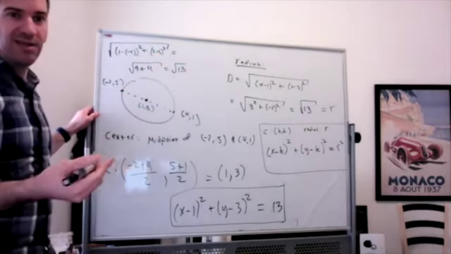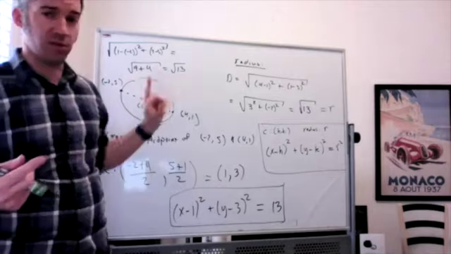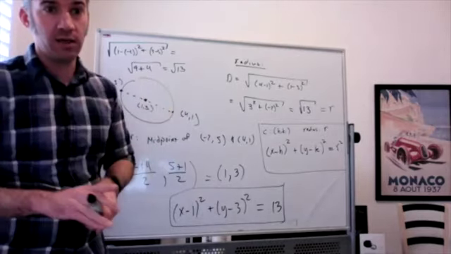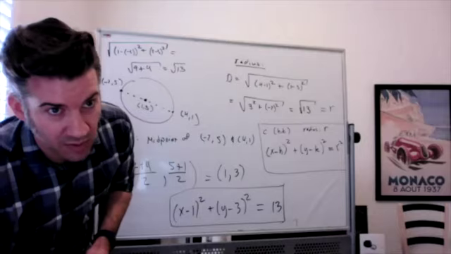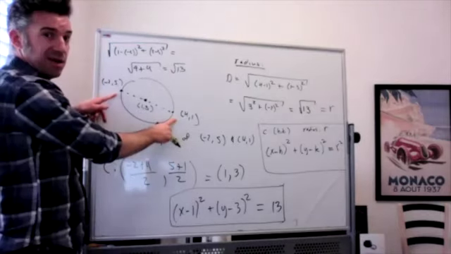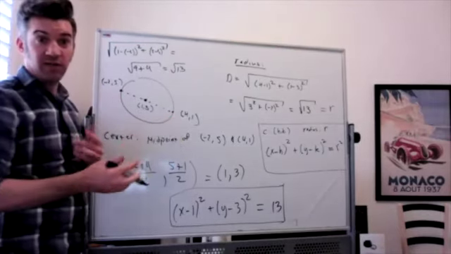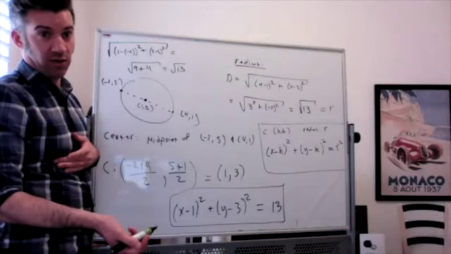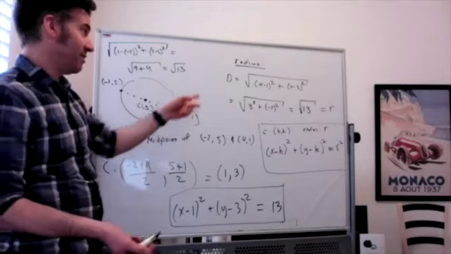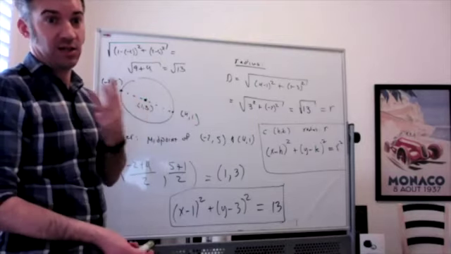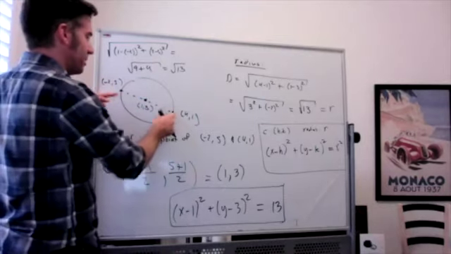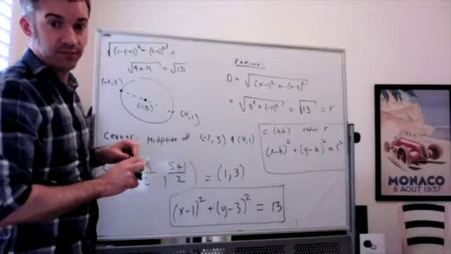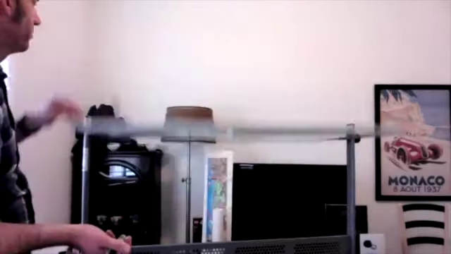So I recommend doing it one of these two ways, but a third option would be to find the distance between the two endpoints of the diameter, which would end up being the square root of 52, and then dividing that in half, which would give you the square root of 52 over 2, which is the same as the square root of 13. So that's a third option, is finding the distance between the endpoints and then cutting it in half. Thank you. You're welcome.